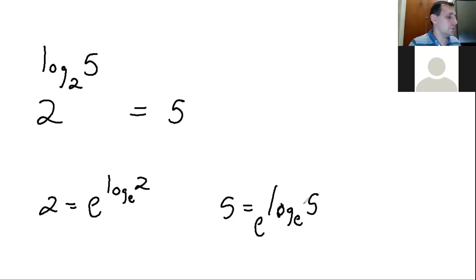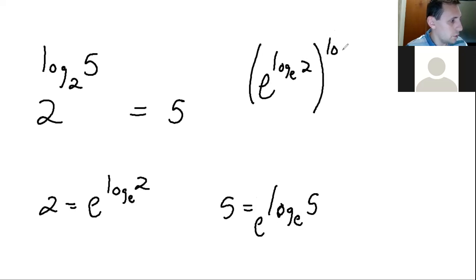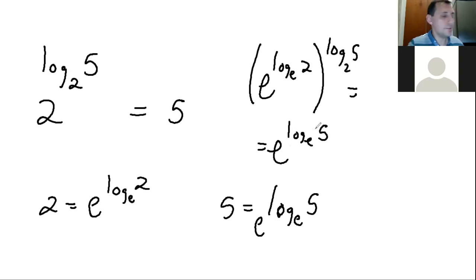So e to the power of log base e of 2, raised to the power of log base 2 of 5, will be e to the log base e of 5.